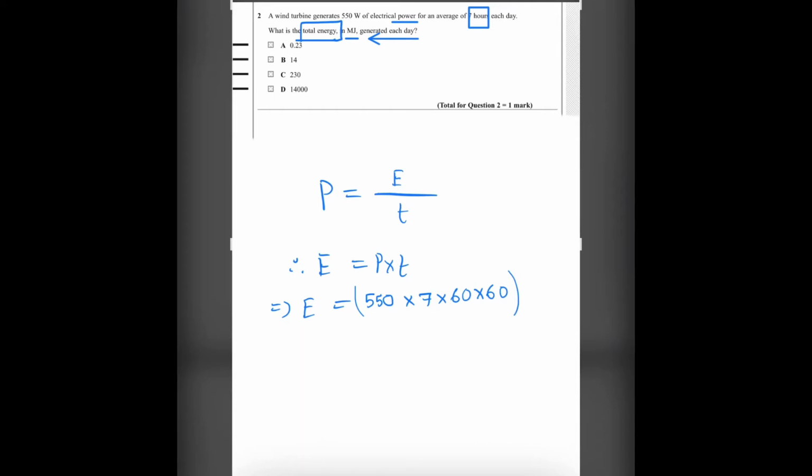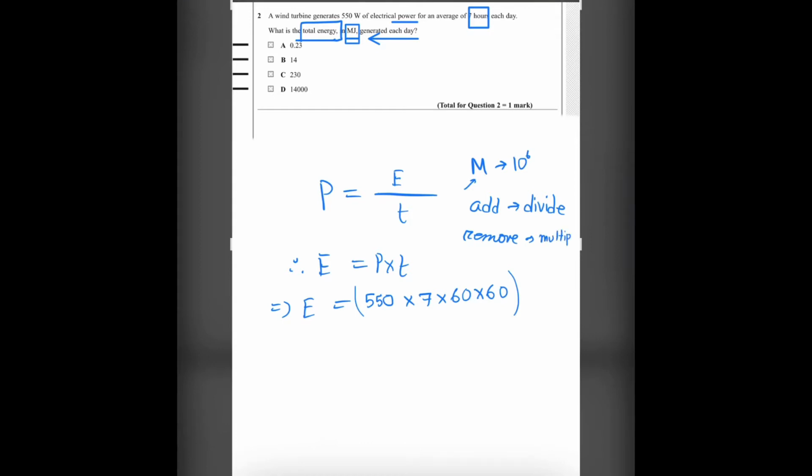But since we have to get the energy in megajoules, we need to introduce mega. The value for mega is 10 to the power 6.